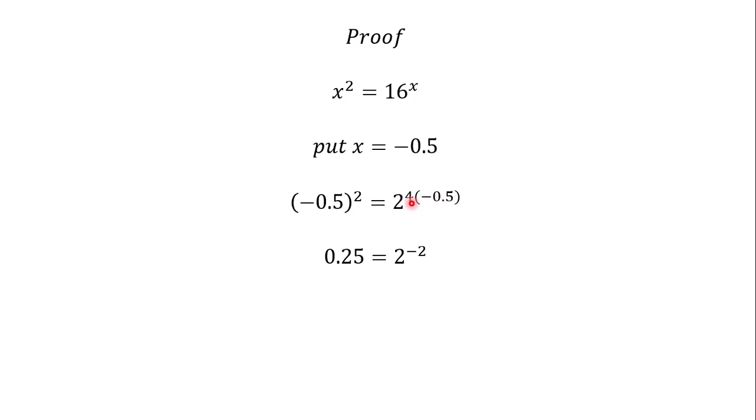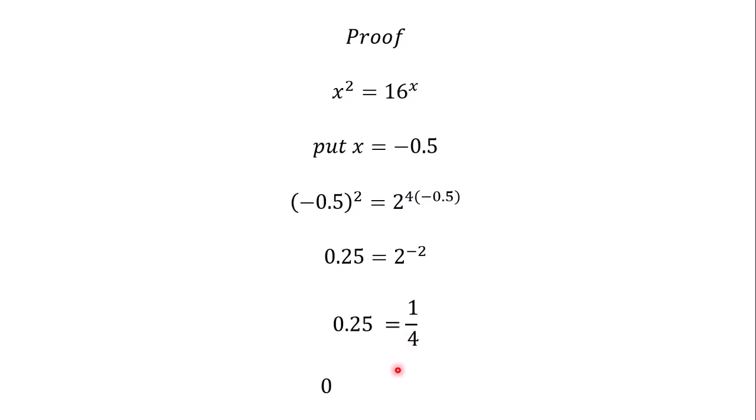And it's equal to, minus 0.5 is the same as minus 1 out of 2. And 1 out of 2 times this will give us minus 2. So 2 raised to the power minus 2 is equal to 1 over 4. From the negative index law of indices, this one is equal to this. So either we change this one to fraction or we change this one to decimals, but I prefer changing this one to decimals.